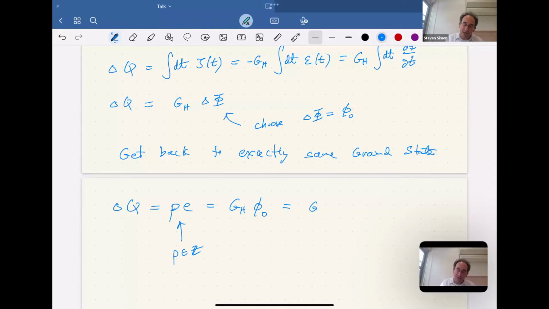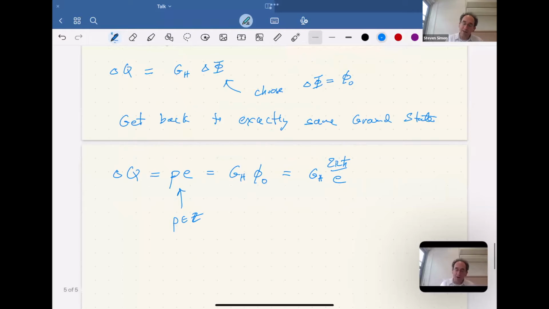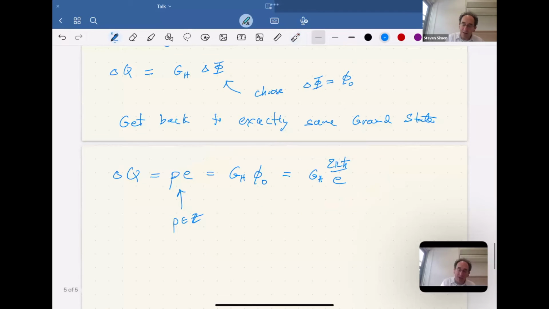And that's GH, I'll put in the expression for the flux quantum, 2 pi h bar over e. 2 pi h bar is just h. We'll just take this equation and simplify it, and then we get GH is p, an integer, times e squared over Planck's constant h. Okay?